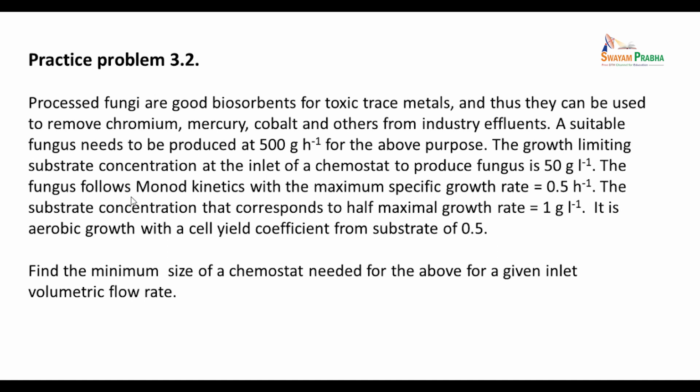The fungus follows Monod kinetics and the maximum specific growth rate is 0.5 per hour. The substrate concentration that corresponds to the half maximal growth rate is 1 gram per liter. It is aerobic growth with a cell yield coefficient from substrate of 0.5. Find the minimum size of a chemostat needed for the above for a given inlet volumetric flow rate.